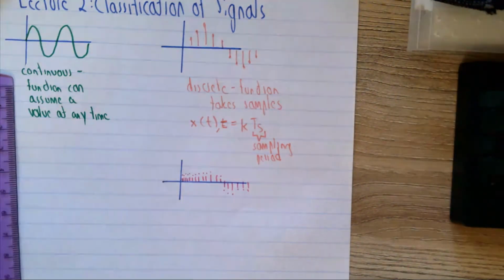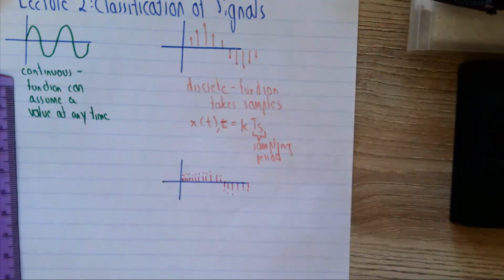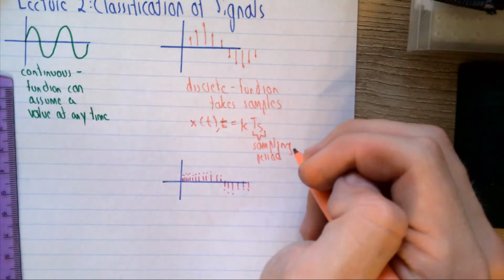And so now that we talked about that, common notation: if we know specifically the sampling period, we can just write it in terms of k. Since the sampling period is implicit, we don't need to send that information over anymore.